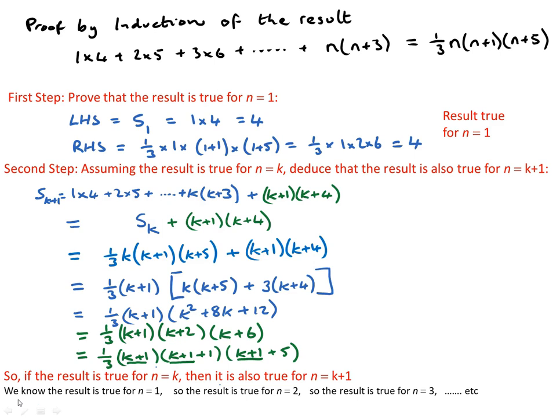If it's true for n equals 3, then it's true for n equals 4 by the second step again. And we can keep going along and deduce that the result is therefore true for all positive integers. So we've produced our proof of the desired result by induction.